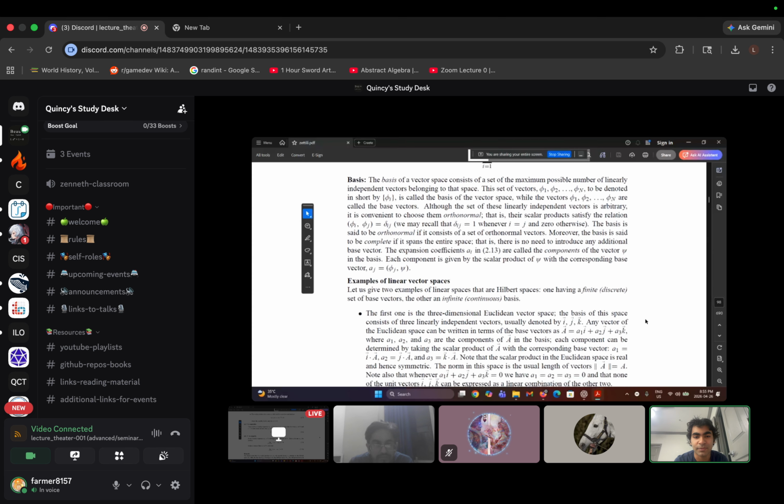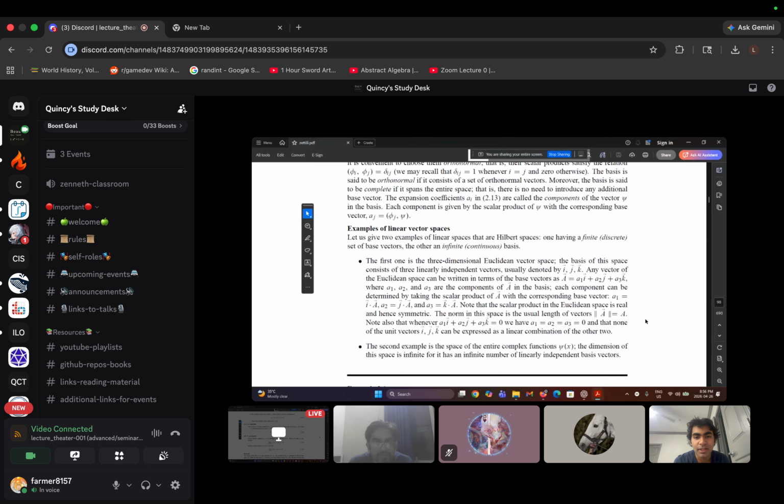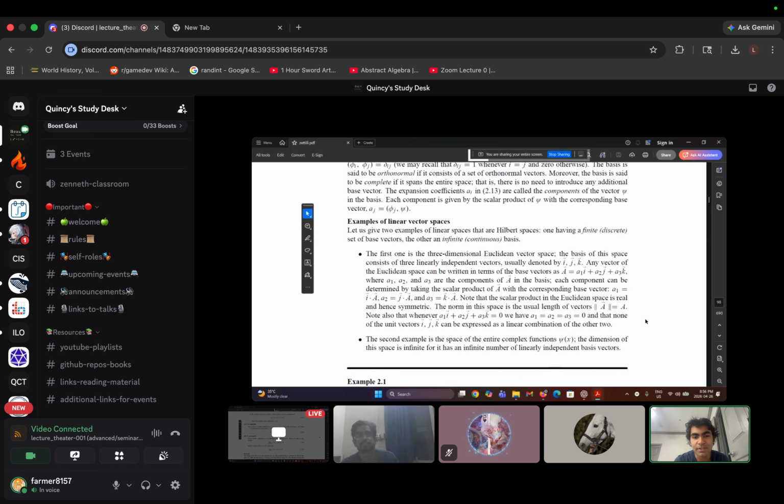Examples of linear vector spaces. Let us give two examples of linear spaces that are Hilbert spaces, one having a finite set of base vectors and the other having an infinite basis. The first one is a three-dimensional Euclidean vector space. The basis of this space consists of three linearly independent vectors, usually denoted by i, j, k.